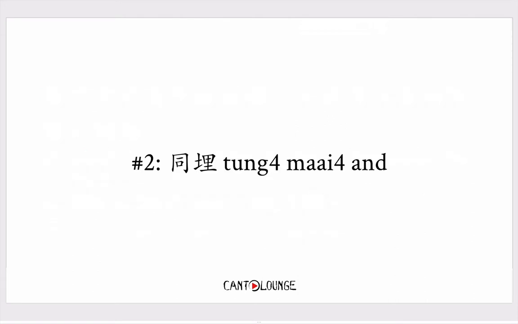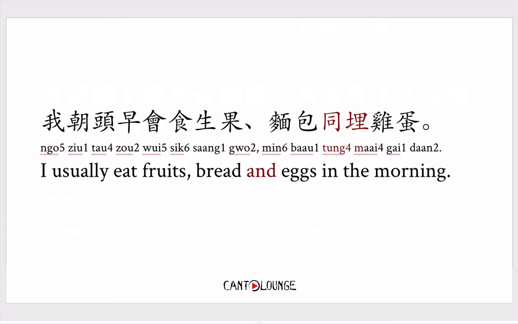Number 2, 同埋, and. And when I say and, I mean when you're listing things. For example, I say an apple, an orange, and a pear. That kind of an and. Imagine you might be talking to a friend, and your friend might be asking, what do you eat for breakfast? And you might answer, 我朝頭早會食生果、麵包同埋雞蛋.